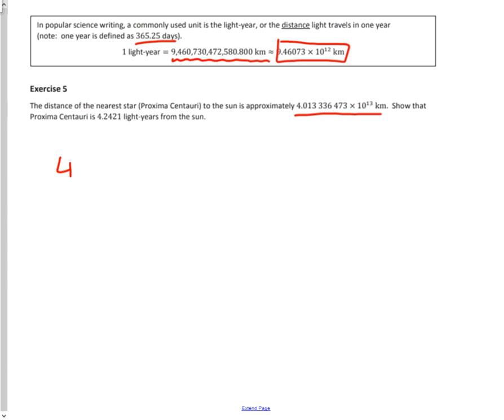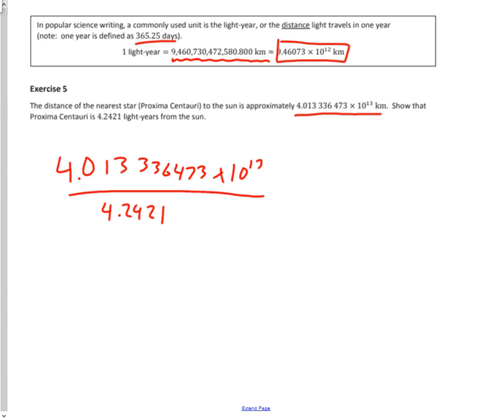We could take 4.013336473 times 10 to the 13th power and divide it by how many light years there are to get 4.2421, and we should end up getting a light year.